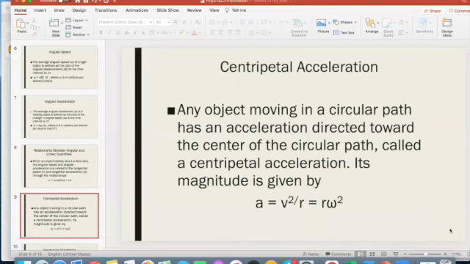It's given by lowercase a, sometimes with a subscript c for centripetal, and it's equal to the velocity squared divided by the radius. Another form of that equation is the radius times the angular speed squared.